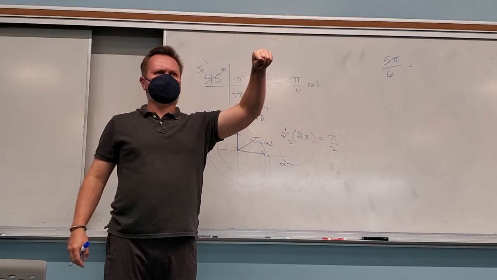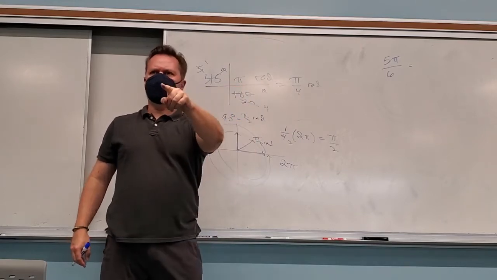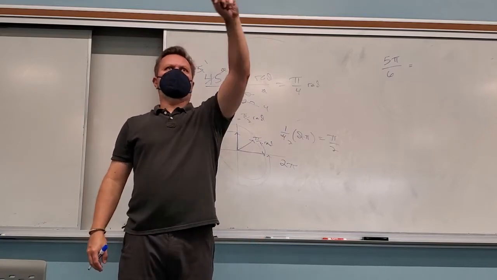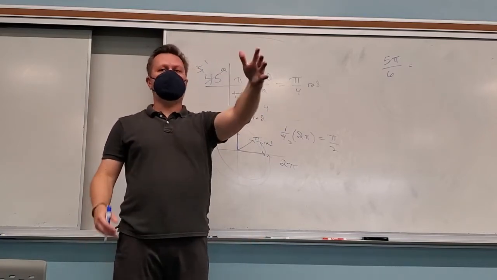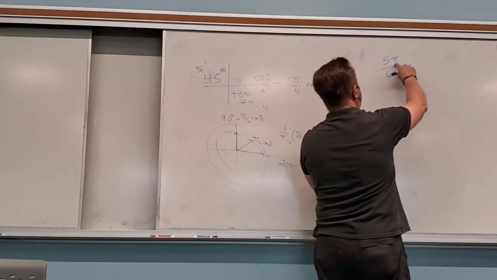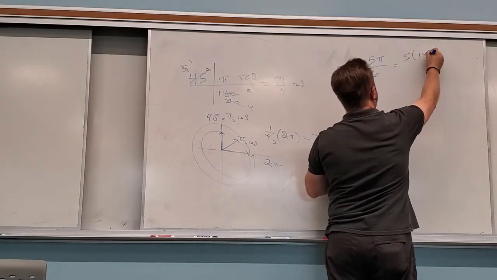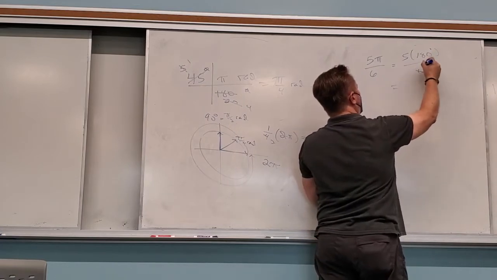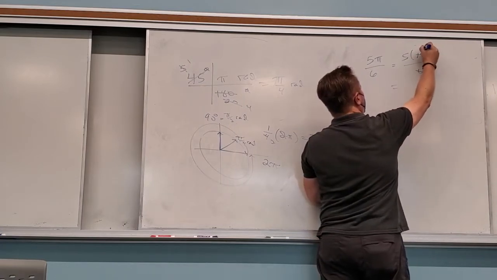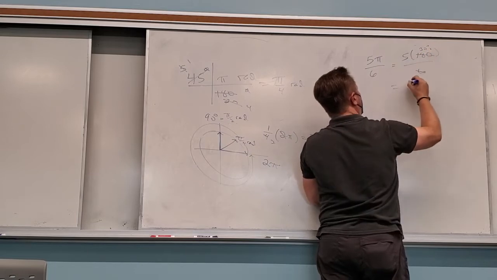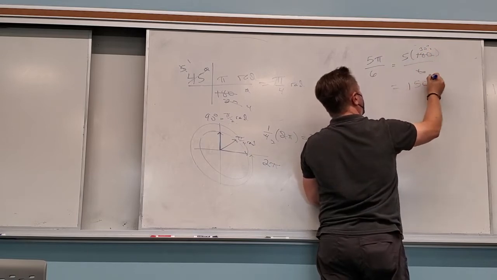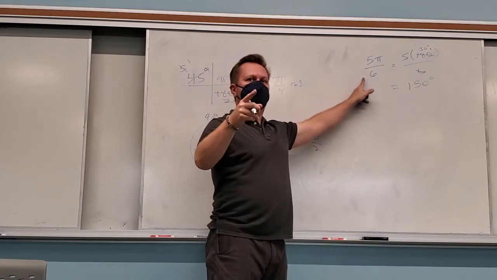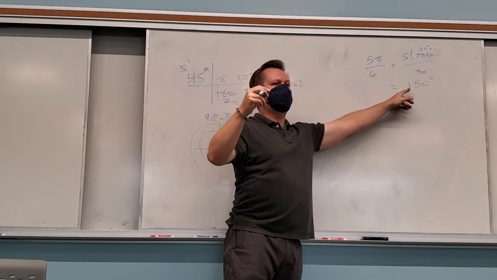We just said it a minute ago. 180. So what can I replace pi with? 180 degrees. 6 goes into 180 30 times. 30 times 5 is 150 degrees. So 5 pi over 6 radians is the same thing as 150 degrees.